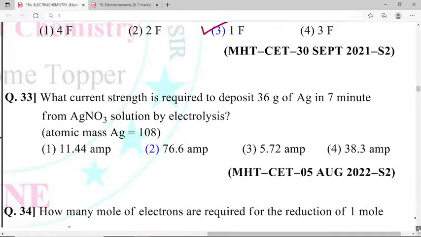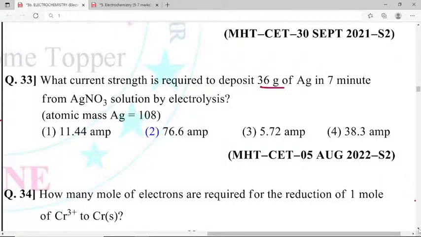What current strength is required to deposit 36 gram of silver in 7 minutes from an AgNO3 solution by electrolysis? So this is the current in ampere, we have to calculate it. This is the W given.